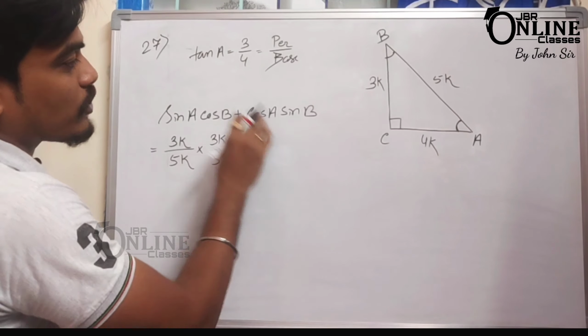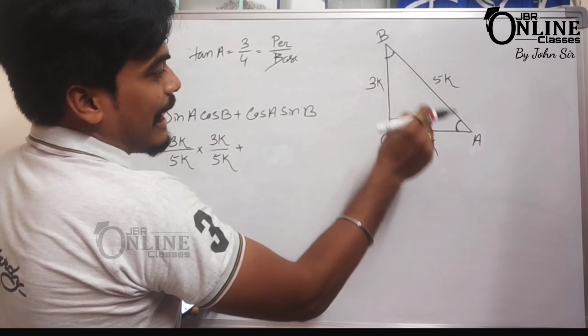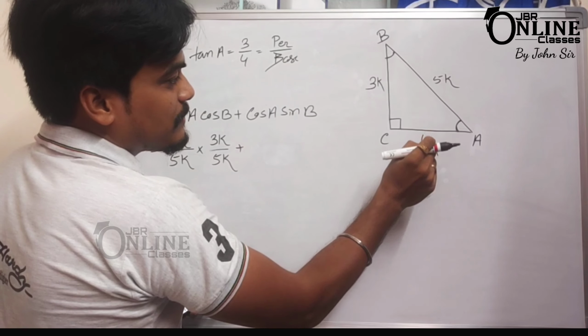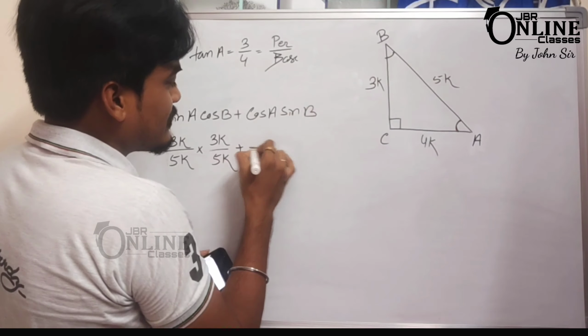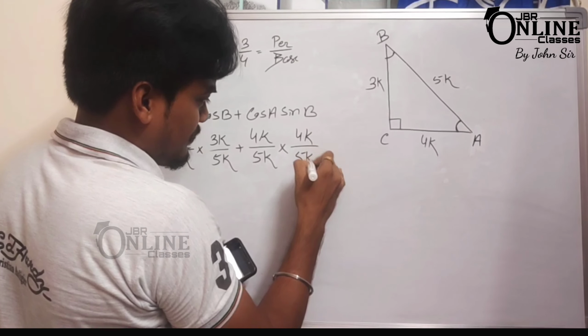Now next one, cos A. With respect to angle A, 3K is the height and 4K is the base. So base by hypotenuse means 4K by 5K. Now next, sin B. With respect to angle B, 4K is the perpendicular and 5K is the hypotenuse, so 4K by 5K.